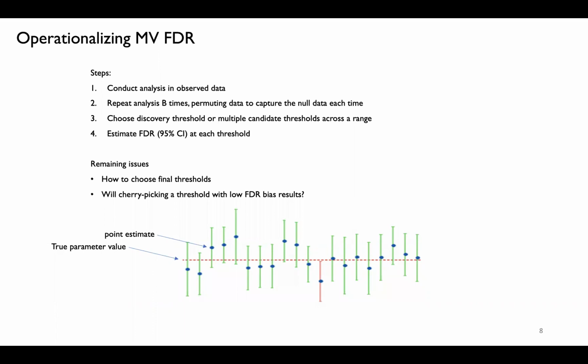We know that the interval is a random variable, so it's going to vary around the true parameter, and occasionally it will not include the true parameter, even for a confidence interval that has correct coverage. So there would be that danger of just picking the low one, even if the true FDR would be very high. So this is the problem that we're trying to address.